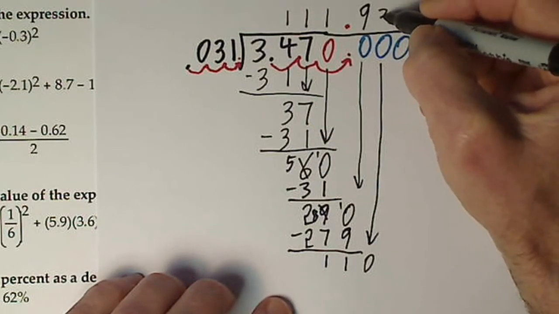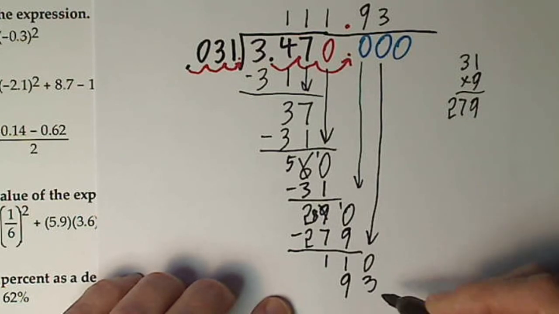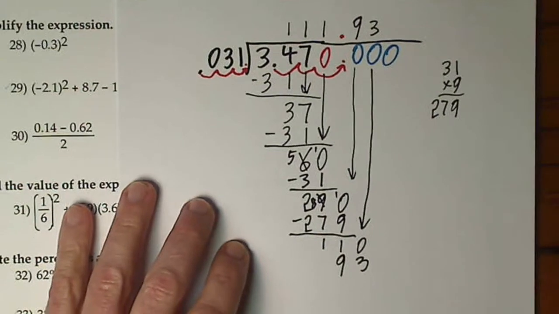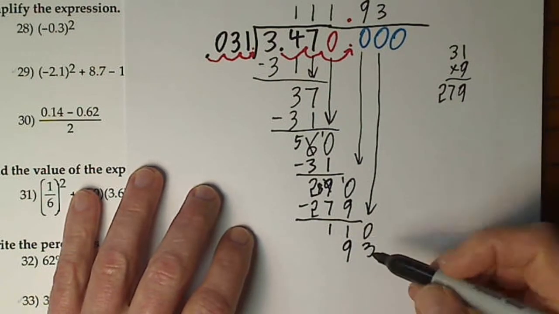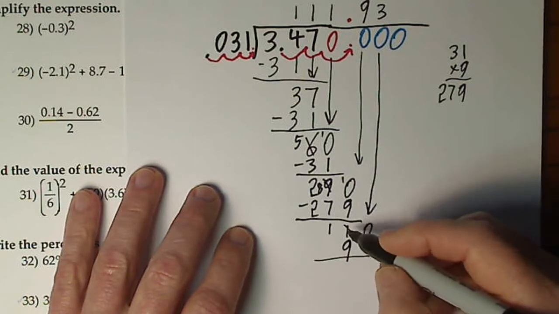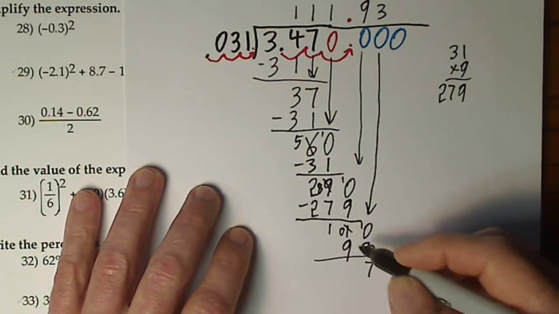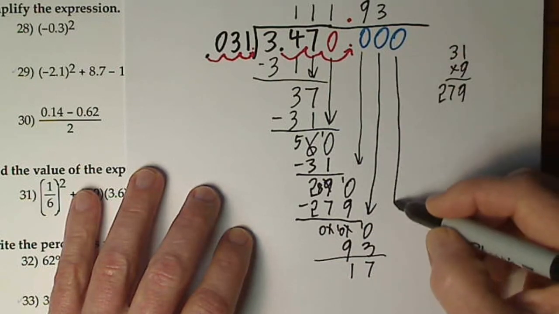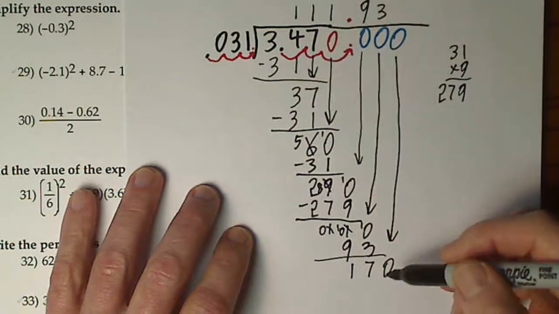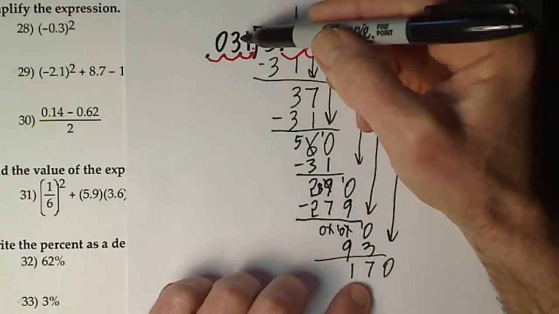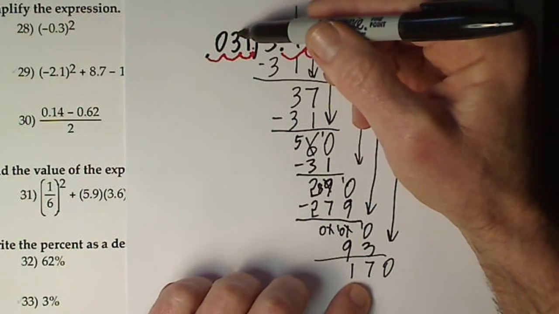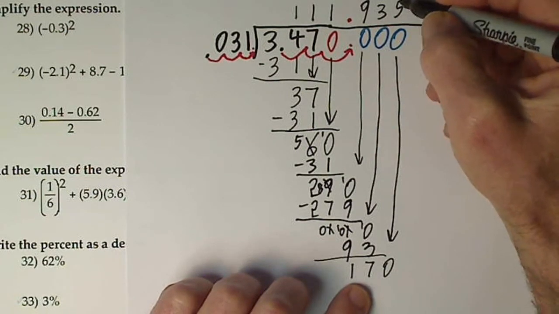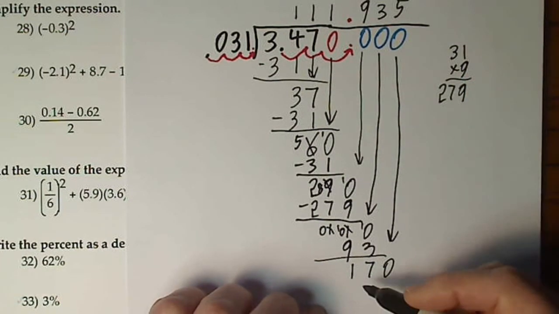It'll be 3 times, and that'll give us 93. I have to zoom out again. So there's our 17. Bring down our last 0. So 31 into 170. 5 times 3 is 15. So 5 times 30 would be 150. So it's going to be 5 times, and that would give us 153.